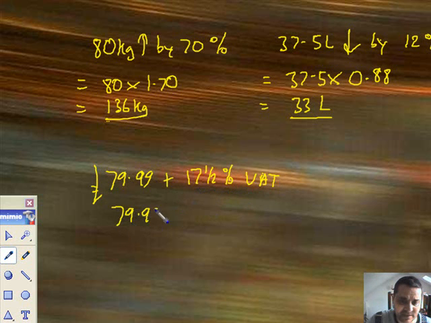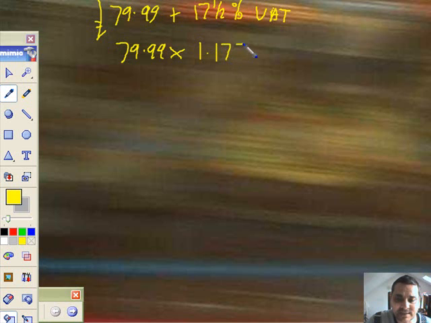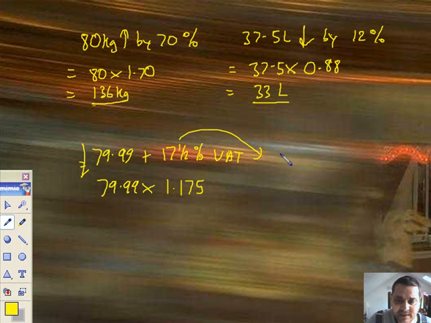In other words, multiply by 1.175. Remember, 17.5% means 17.5 per cent, so hence 1.175. Very important using multipliers. So let's just do that. 79.99 multiplied by 1.175 gives us, and I better do this to nearest penny, otherwise it won't make any sense.